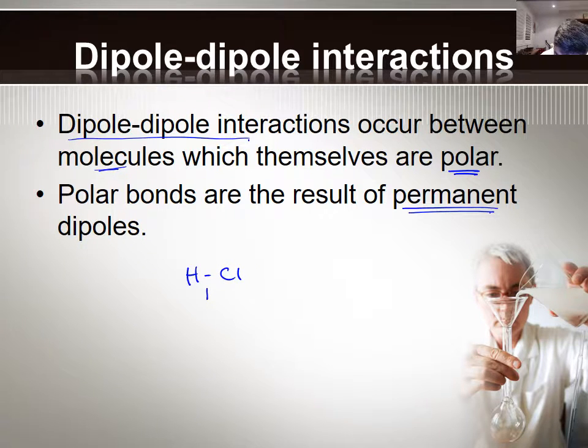There is here a covalent bond, but the two electrons in that covalent bond are held more closely to the chlorine than they are to the hydrogen. And as a consequence of that, this becomes a polar bond. This polar bond has a slightly negative region around the chlorine and a slightly positive region around the hydrogen.